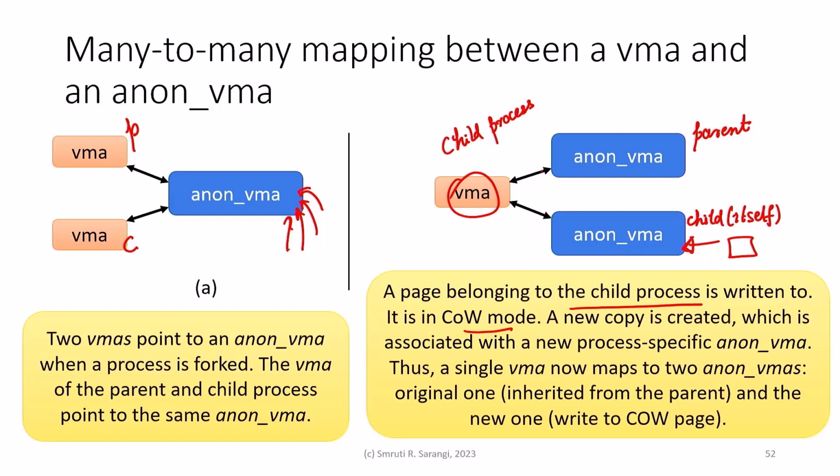Correct? So, what do we have here? The child's VMA is now pointing to two Anon VMAs. One was the parent's and one is itself. And itself can initially be empty, in the sense no physical page is pointing to it. But as you do these copy on writes, more and more physical pages will start pointing to the child's Anon VMA. All right.